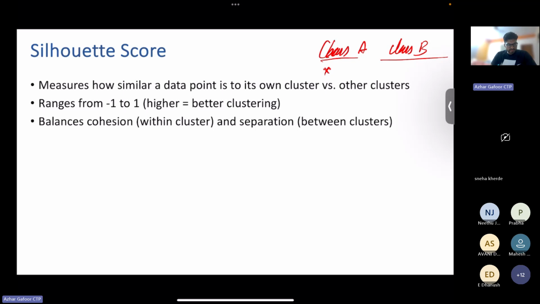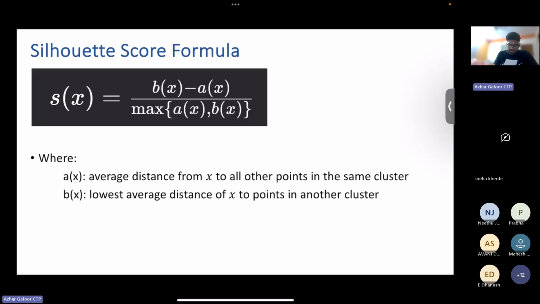So the higher the score, the better the clustering. It balances the cohesion, that is the within-cluster similarity, and it also gives a good balance of separation between the different classes or clusters. So let's see the equation for the Silhouette score.